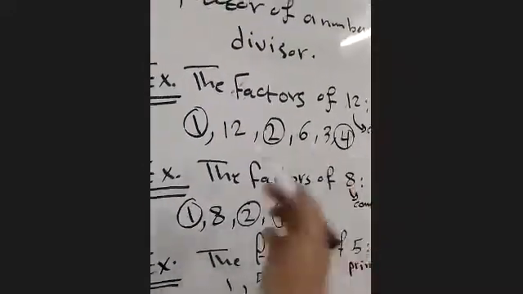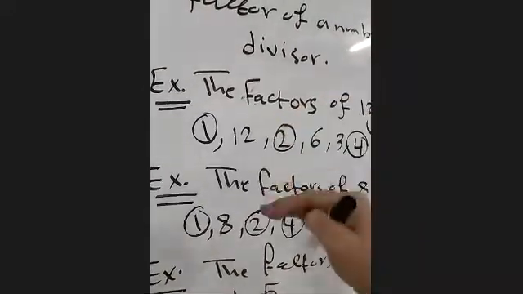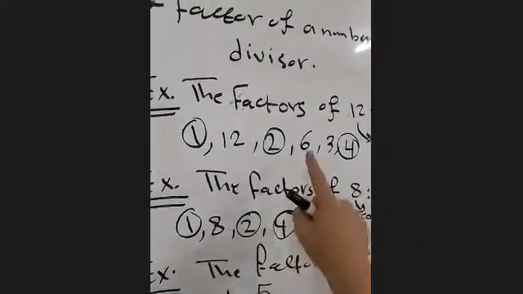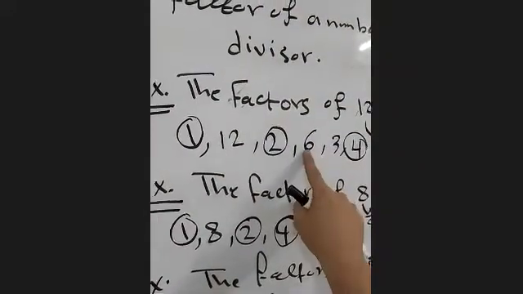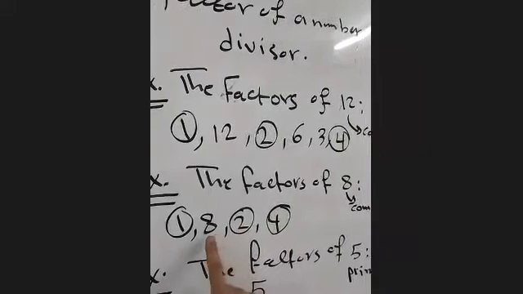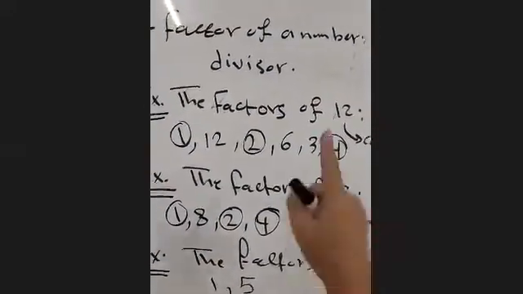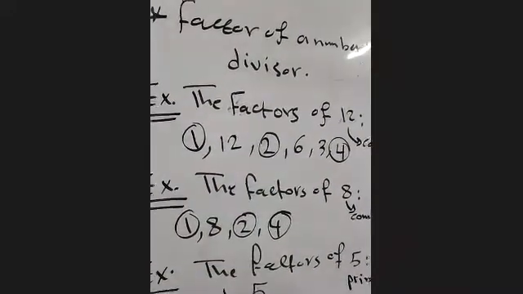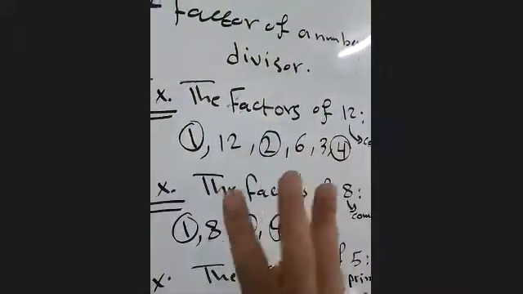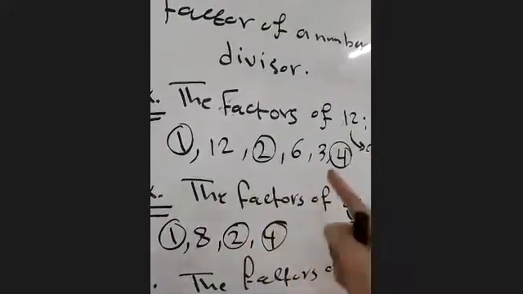The 6 is not a common factor because 6 exists in 12's factors and does not exist in 8's factors. The 3 also is not common. The 12 is not common. So here we have 3 common factors: 1, 2, and 4.